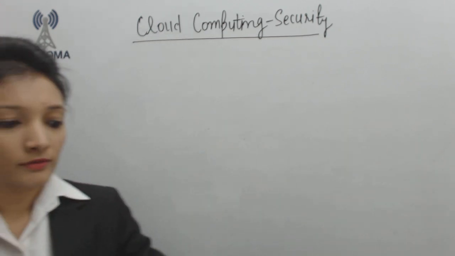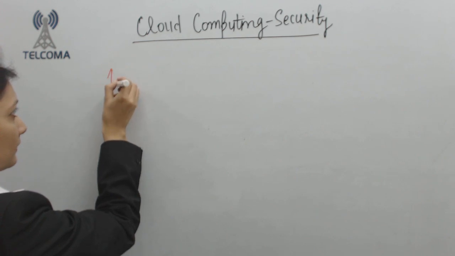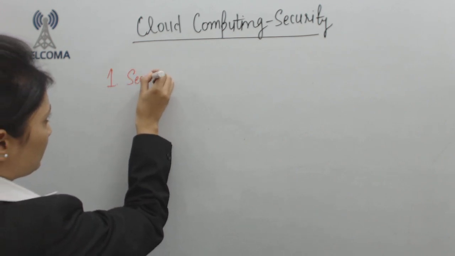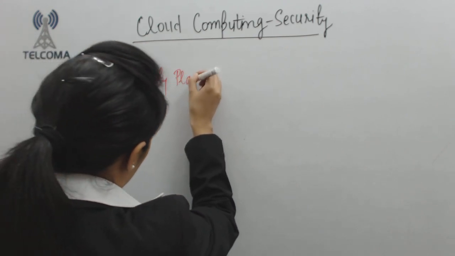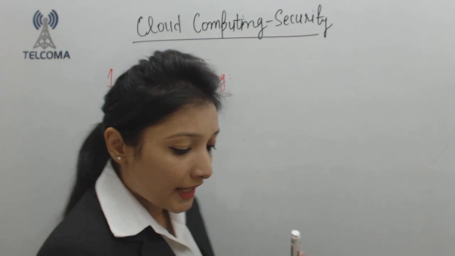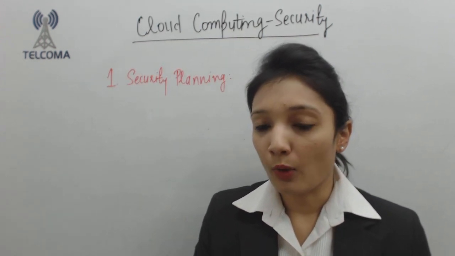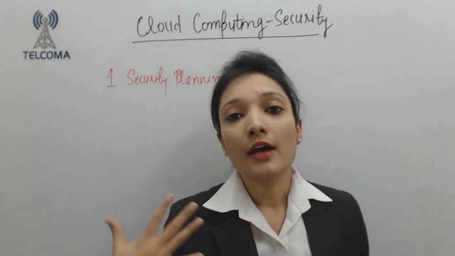So first of all what we have here is the security planning. Now, for planning the security for a cloud platform, one should analyze several attributes about the various resources.